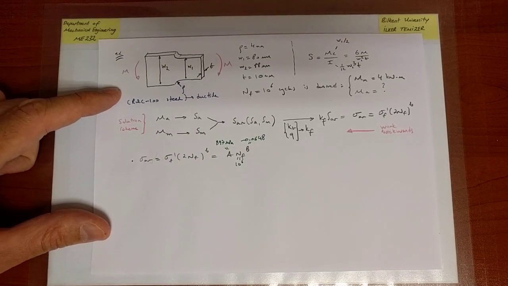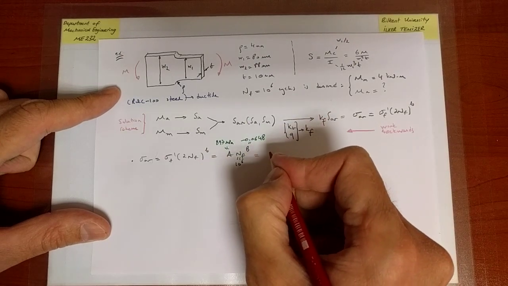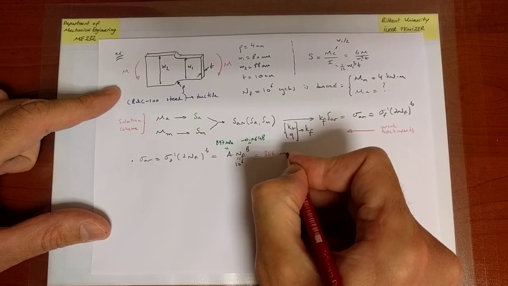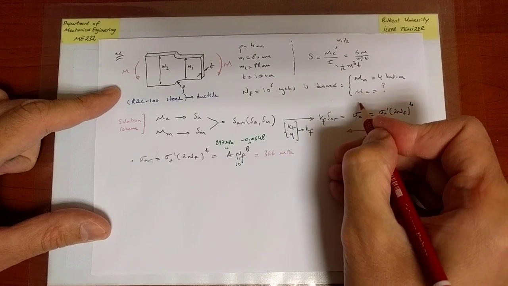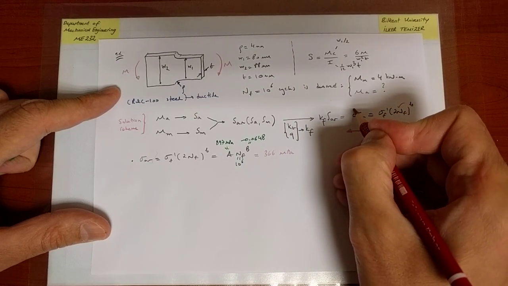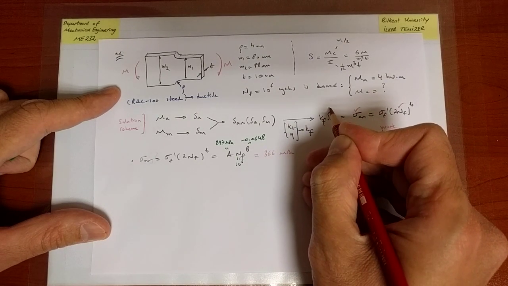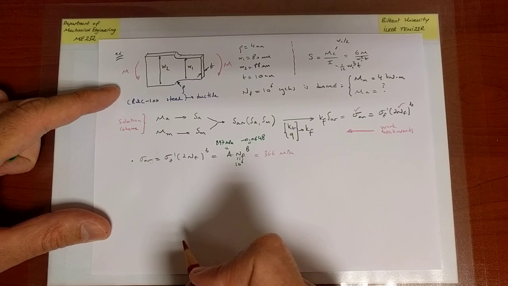So we can find sigma AR to be 366 MPa. So now I know that value. Okay, so we were given this. Now I also know sigma AR, and if I determine KF, I can determine what SAR is.